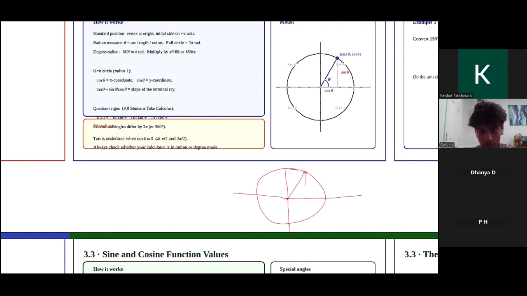This is a right angle. Let's name this angle theta. This is theta, by the way.